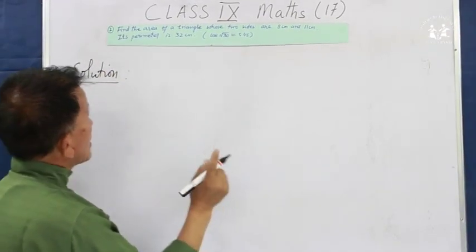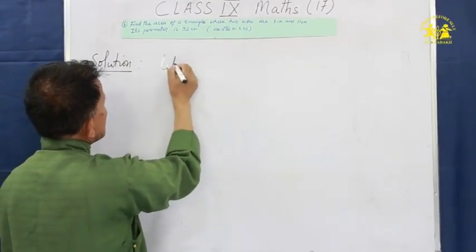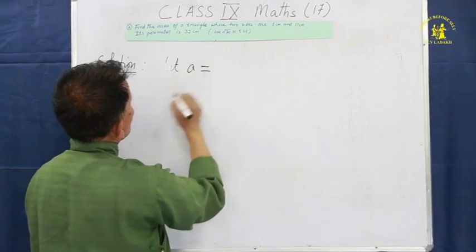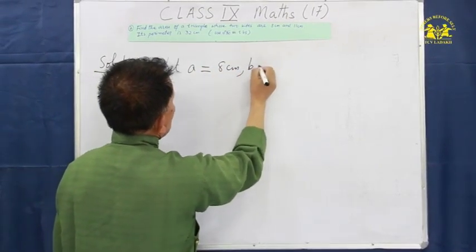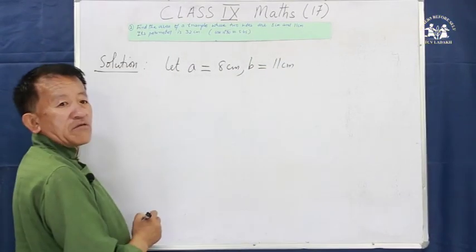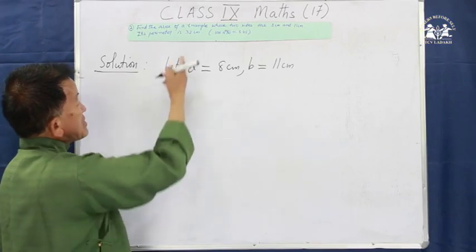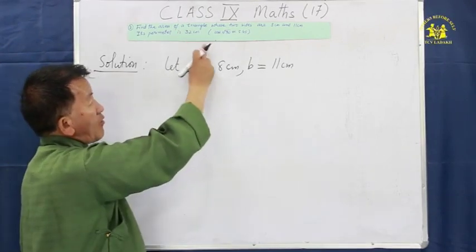Here in this triangle, let A is equal to 8 centimeter, B is equal to 11 centimeter. Now C is not given. The perimeter is given. The perimeter is the sum of all the sides.